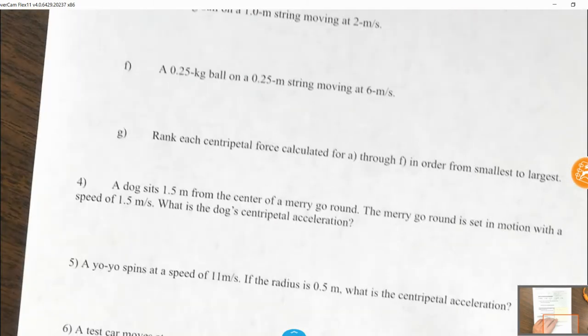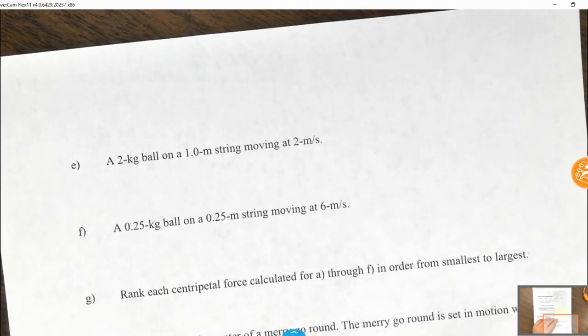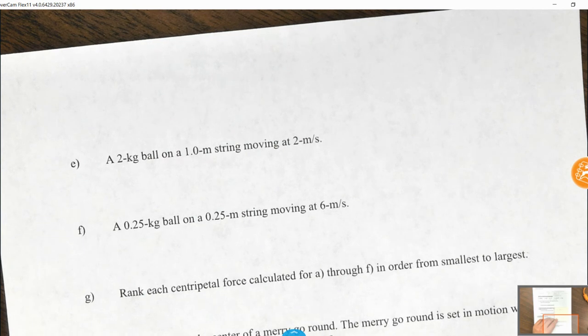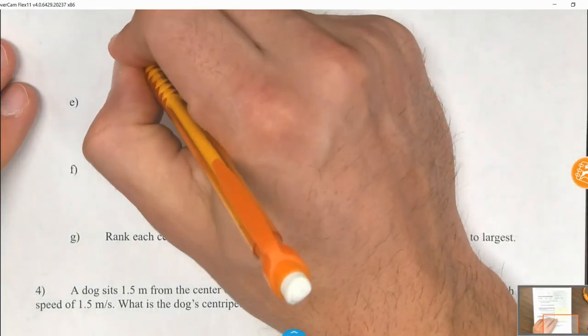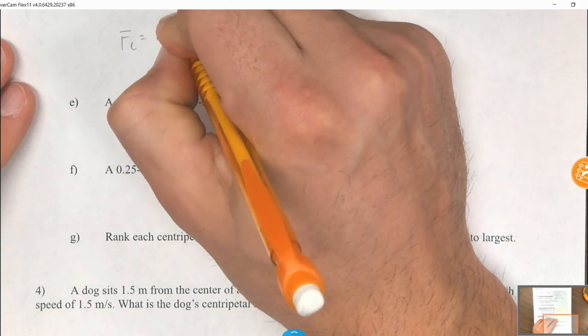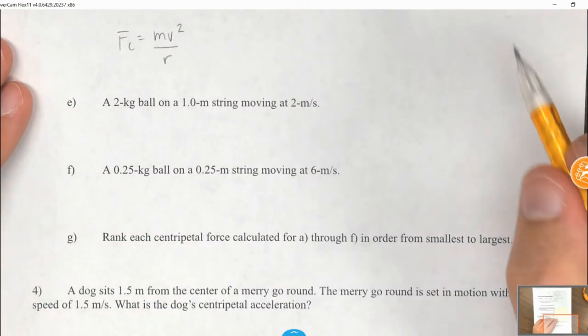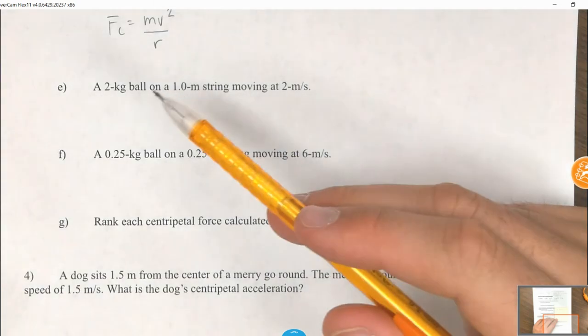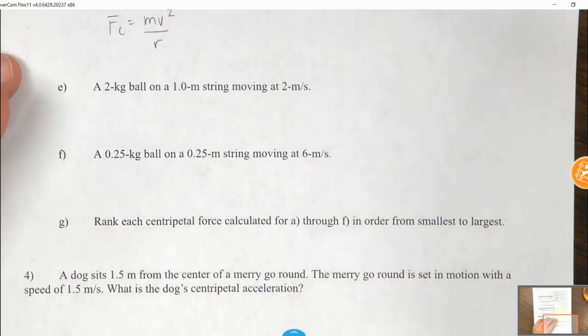And then on part E and F, they also want you to solve for centripetal force. You should be able to figure out which one's the mass, which one's the radius, which one is the velocity.